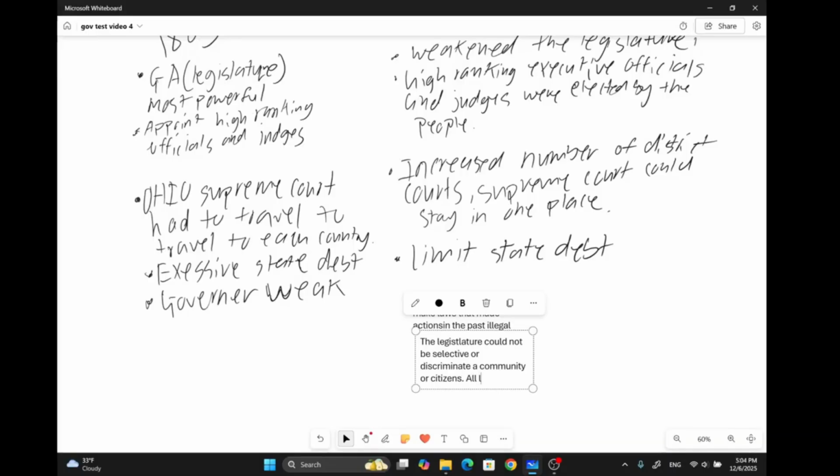So all laws had to be uniform across the state. And then poll taxes were also banned.